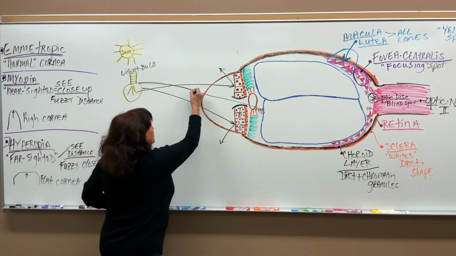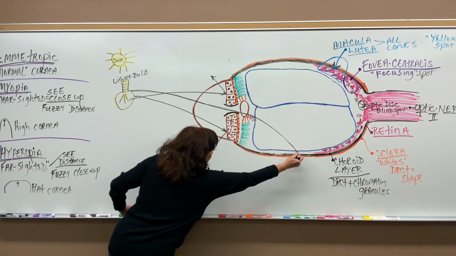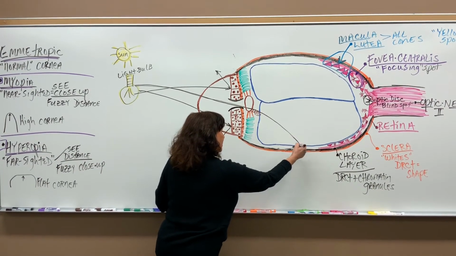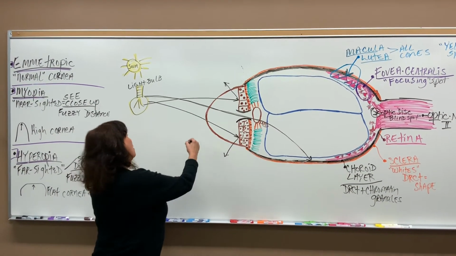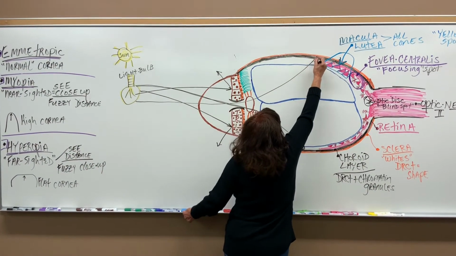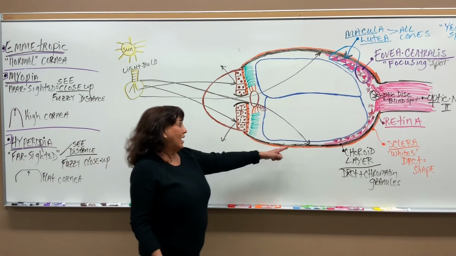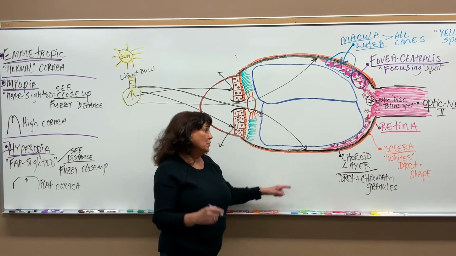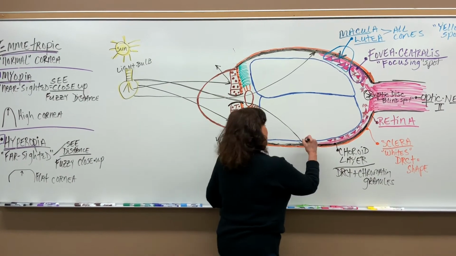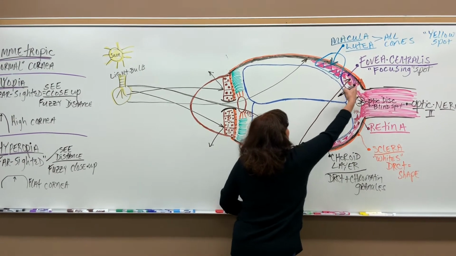If you've had physics, everybody knows that light travels in a straight line like this. So here it's going to hit the side of the inside wall, and then some light beams will come through here and hit on the side. Once they hit that black layer, the choroid layer, they're going to bounce one more time. The light beam is going to go like this and hit the focusing spot.